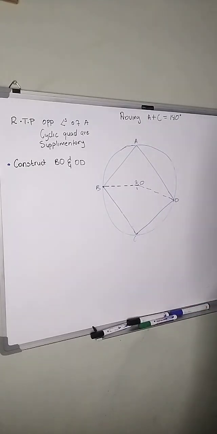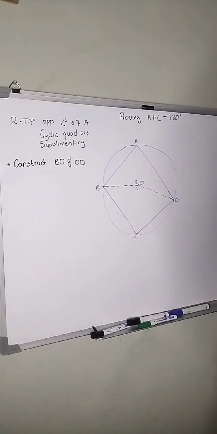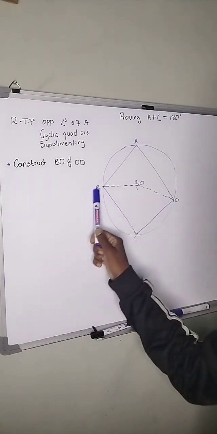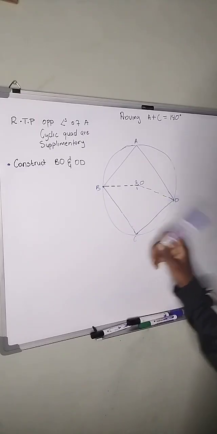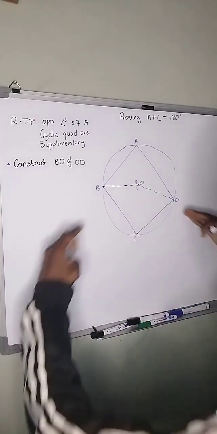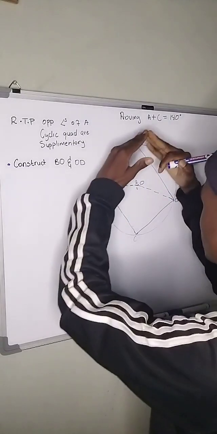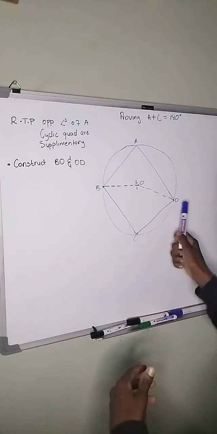No, okay, we have O, but that's not a specific reason. We have the center, but that's not a specific reason. But it's fine. Guys, we have 2 points which subtend the angle at the center, and also they subtend the angle at the circumference. You can say a chord or the arc.